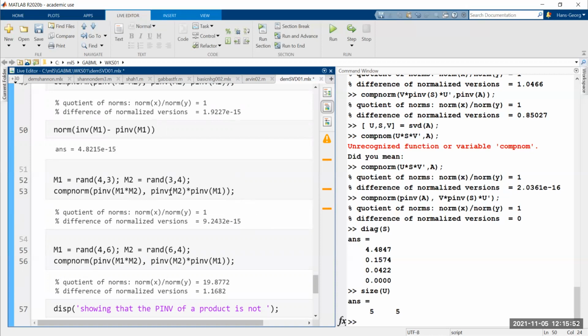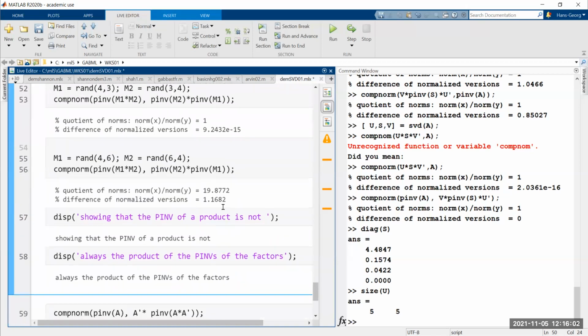It's indicating that in such a situation, they still commute. And then I said, well, maybe I have to change the dimension, make the second dimension of the matrix larger, and hold it below it. It really is different. So this last experiment, line 55, demonstrates that it's simply not true that the pseudo-inverse of a product is the product of the pseudo-inverse matrices.